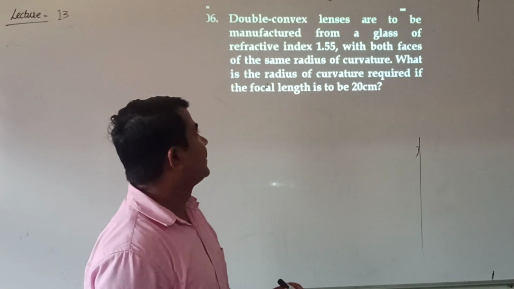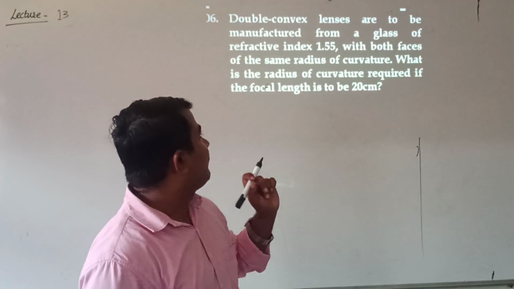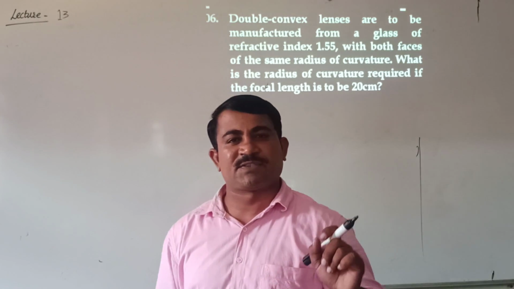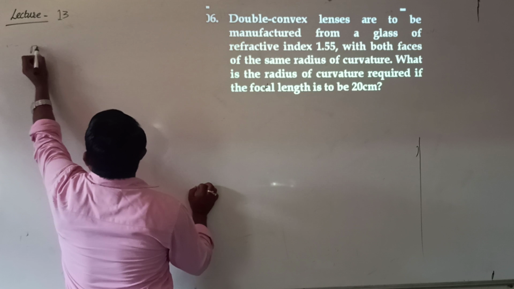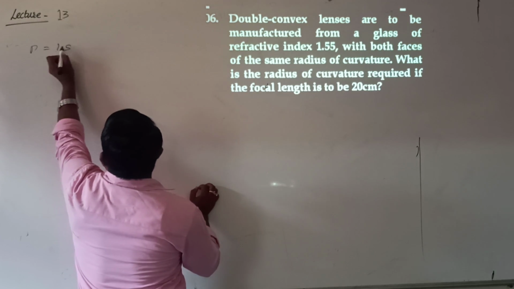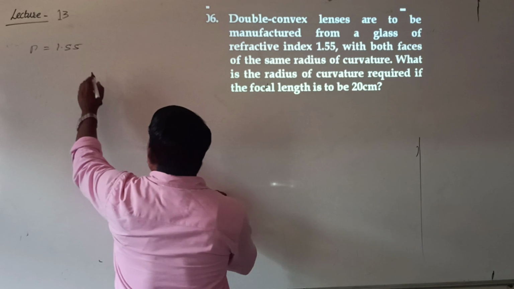The question is like this. A double convex lens is made of glass with refractive index 1.55, with both faces of the same radius of curvature.